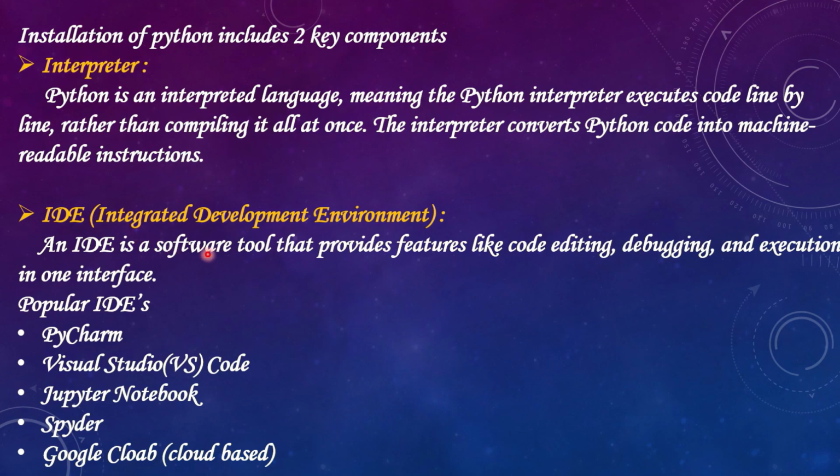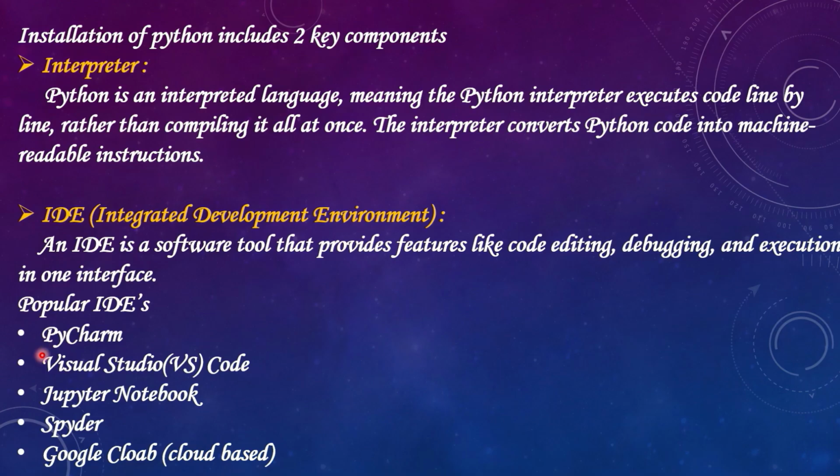It's more like a software tool that provides features including code editing, which allows you to write and edit the code; debugging, which allows you to identify and fix errors; and execution, which allows you to run the code line by line. All these features are included in one place, in one interface, which we call an IDE.